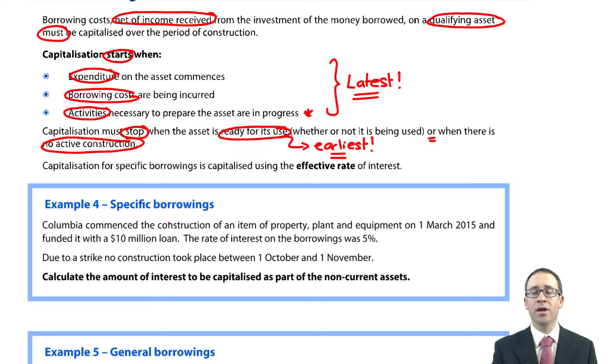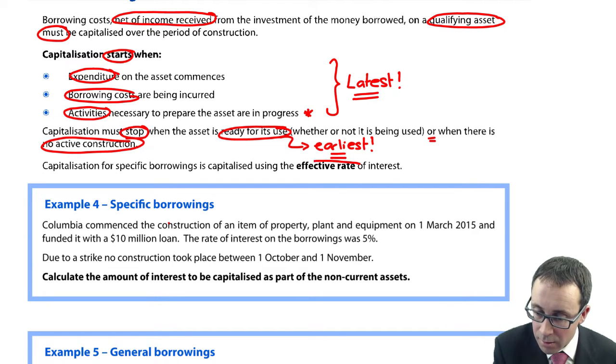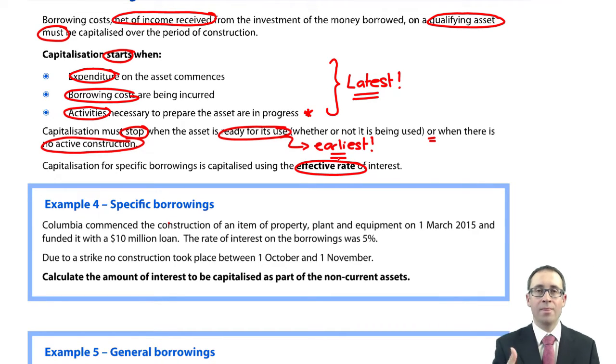Just be careful. You have now seen financial instruments at amortised cost at F7, and you've also seen borrowing costs at F7. So you're now aware that when you look at a financial instrument, so a loan at amortised cost, the rate of interest that is charged to profit or loss is based upon the effective rate within the loan, not the coupon rate.